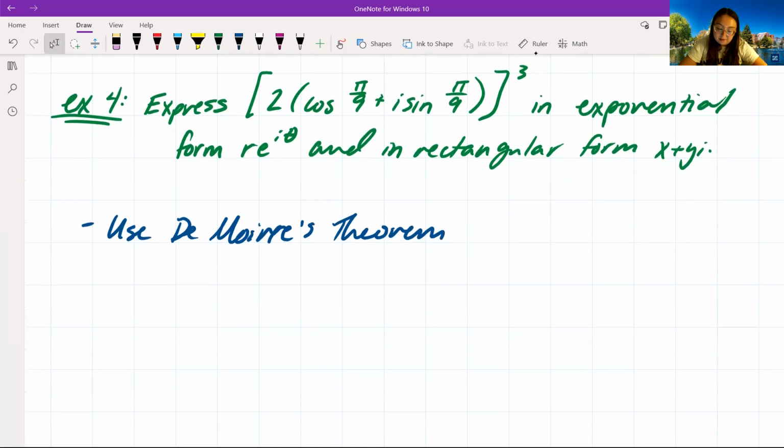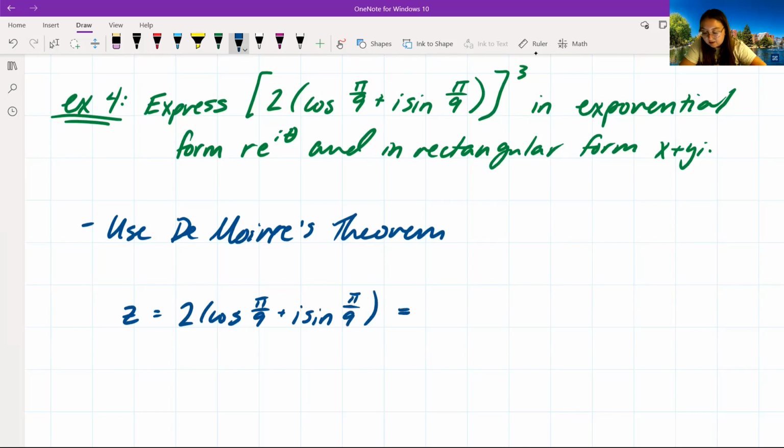And when we do, we see that z is equal to 2 times cosine of pi over 9 plus i times sine of pi over 9, which means that 2 times cosine of pi over 9 plus i times sine of pi over 9 to the power of 3 is then equal to z to the power of 3.